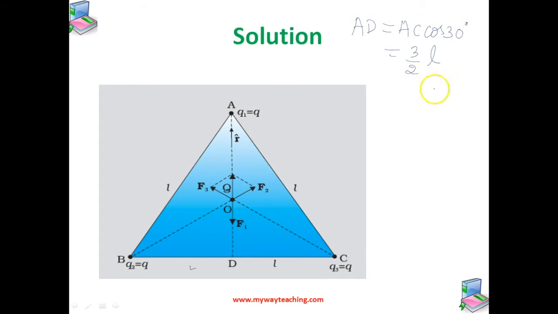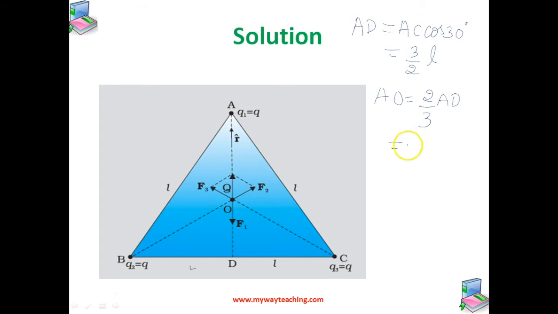And the distance AO, from A to the centroid O, is given by 2 by 3 of AD.